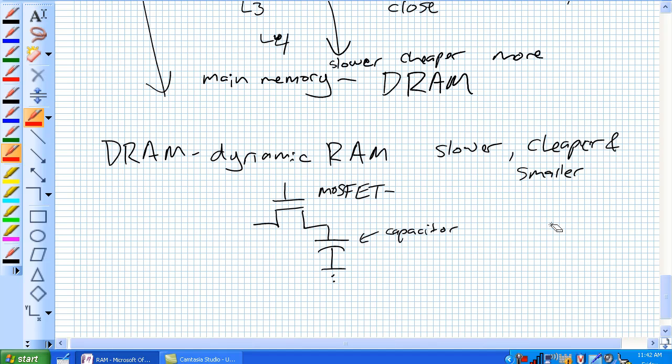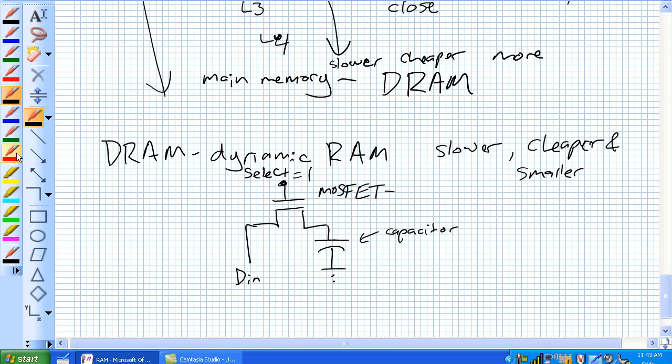So how is the dynamic RAM cell organized? Well, very similar to our SRAM, where this guy, that's our select, and that's our D in, D out. Okay? So if we want to write, put a 1 in there, we've got to select it, give it a 1.